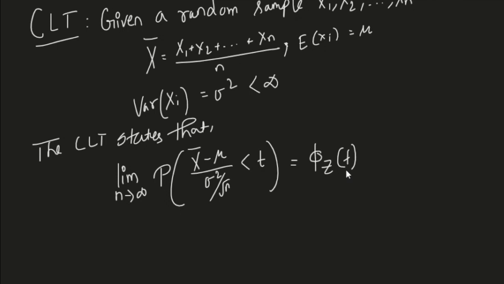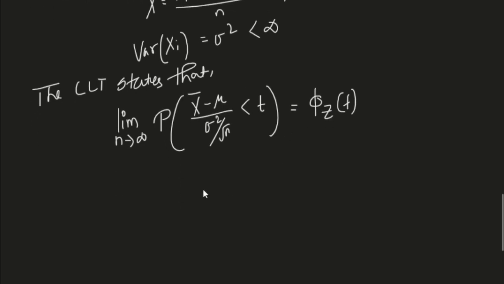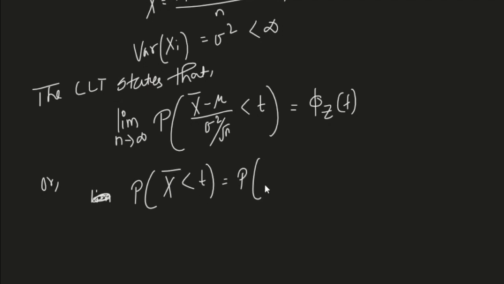This, or in other words, what you can do is you can write like this: probability of x bar less than some t can be written as probability of z, where z is a standard normal variable, less than t minus mu by sigma by root n, not sigma square. So let me correct this part.